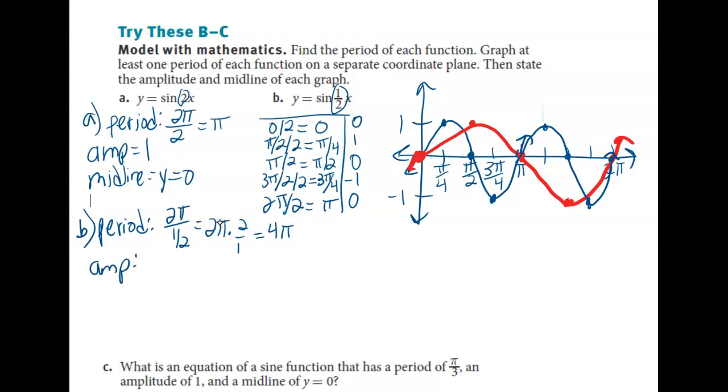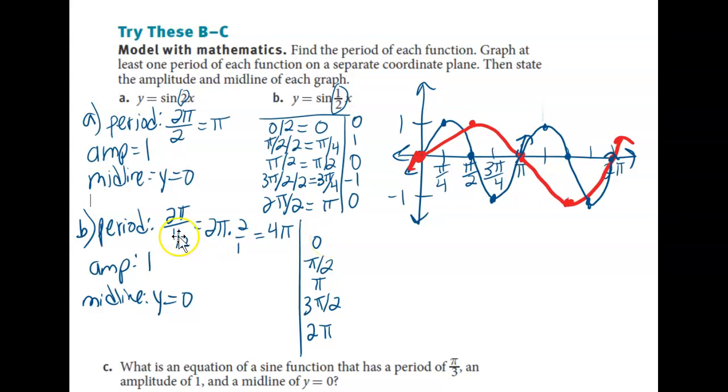That amplitude is still 1. Midline is still y equals 0. So when we look at this, we're going to take that parent, 0, pi over 2, pi, 3 pi over 2, 2 pi. And then we're going to divide all those x's by 1/2.